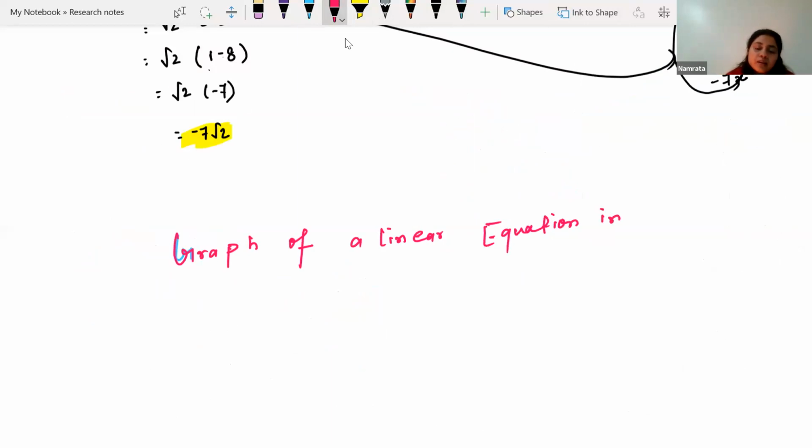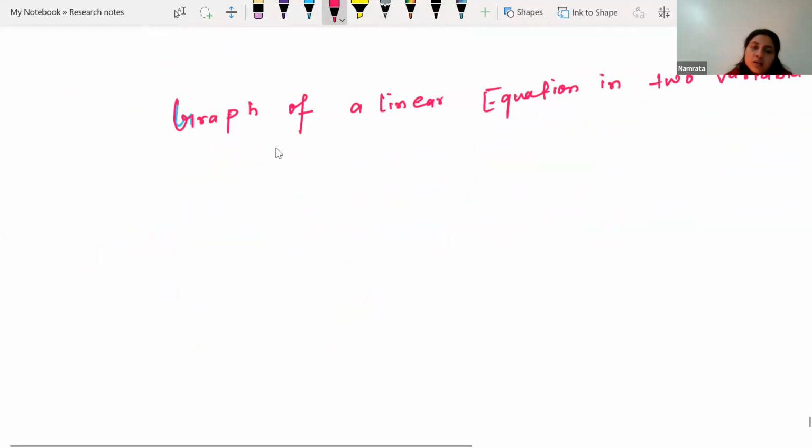So let's take an equation. Let's say x plus 2y is equals to 6. This is a linear equation in two variables, and we are going to plot a graph of this equation.